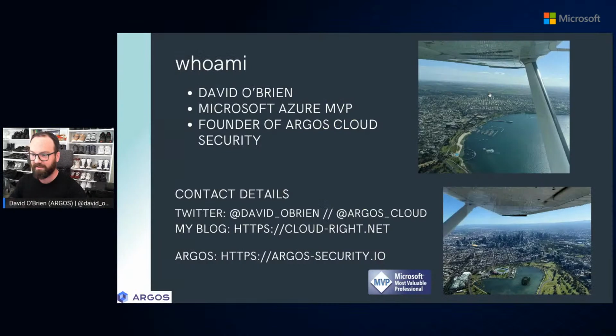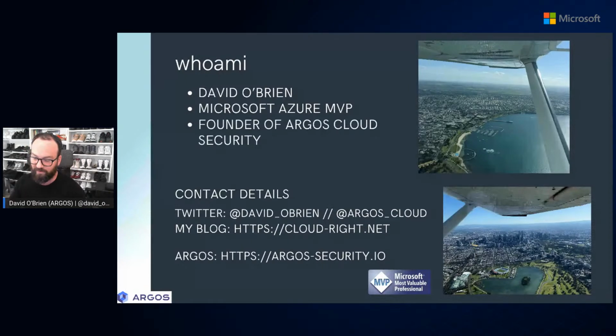Quick, who am I? David O'Brien, you've already heard my name. I'm a Microsoft Azure MVP for 8 years now, I think, 8 or 9 years. Been around the cloud ecosystem for quite a while. Two years ago, I founded Argus Cloud Security. I'm from Australia, based in Geelong, the top right picture, a beautiful city in Victoria, Australia.